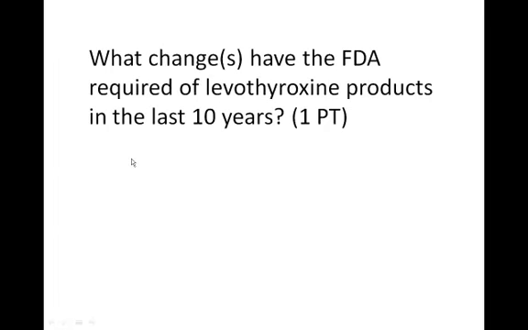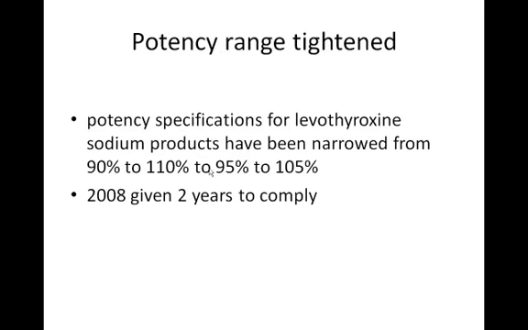What changes has the FDA required of the levothyroxine products in the last 10 years? Well, we know that back in the 80s, they all had to be retested for bioavailability. They all had to reapply for an NDA. But in the last 10 years, they also had to show a smaller range of variability as far as potency.